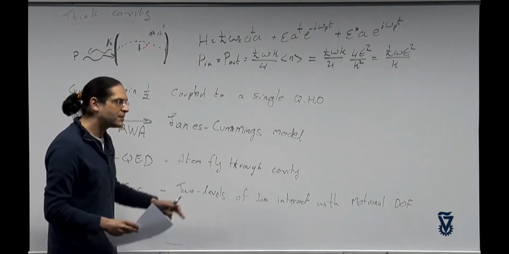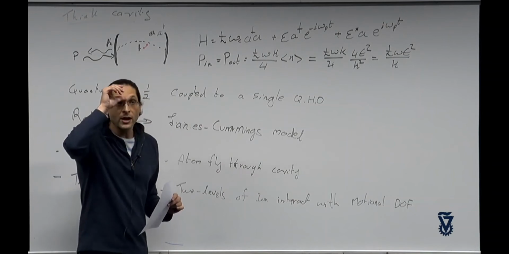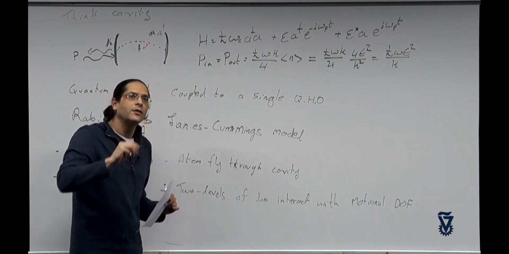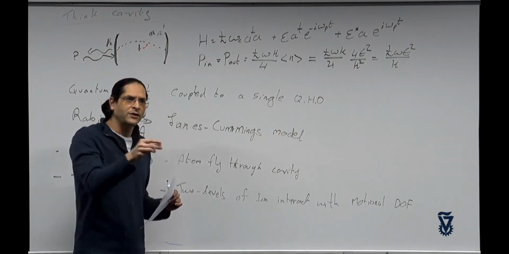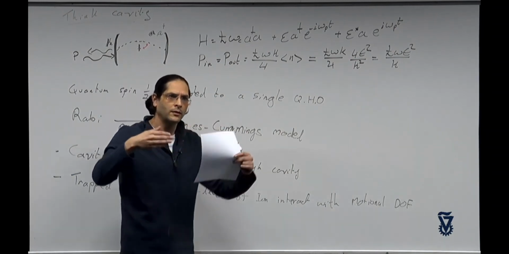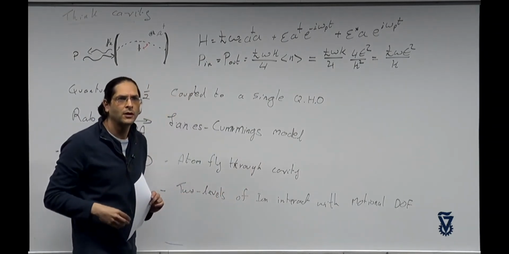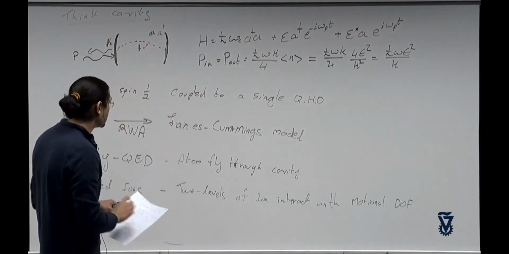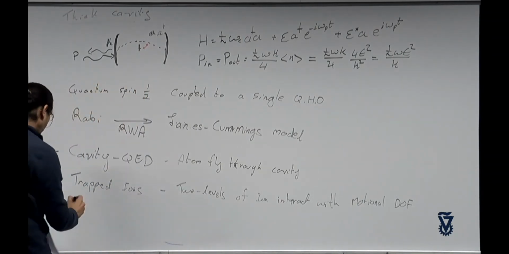But the two-level system interacts with the harmonic oscillator in the same way, only the oscillator describes the motional degrees of freedom of the ion. And you can have a chain of ions that all interact with the motional modes, but this model is still going to hold there.